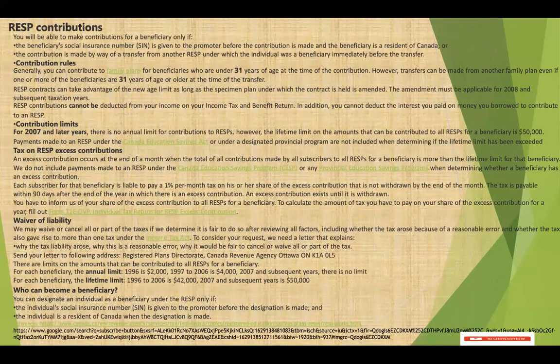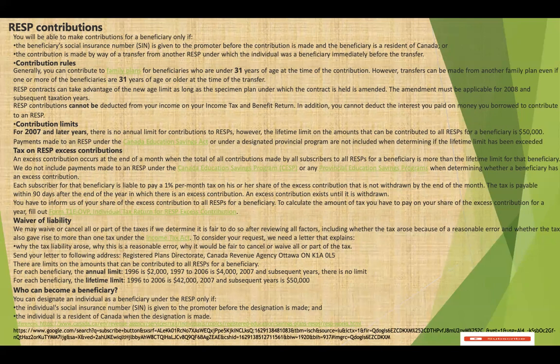So, RESP contributions. You're able to make contributions for a beneficiary only if the beneficiary's social insurance number is given to the promoter, that is the financial institution, before the contribution is made, and the beneficiary is a resident of Canada. Or the contribution is made by way of transfer from an RESP under which the individual was a beneficiary immediately before the transfer.